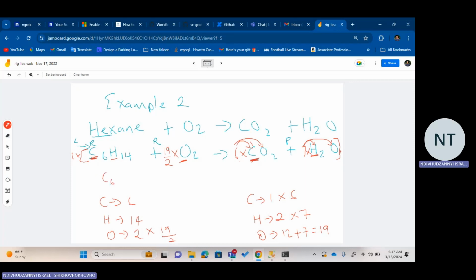So it's going to be C6H14 times 2, plus 19, because when we multiply here, 2 and 2 will cancel. Then 2 times 6, that's going to be 12 CO2. And the other one is going to be 2 times 7, which is 14.